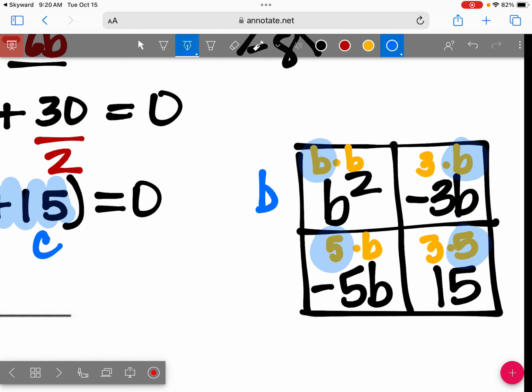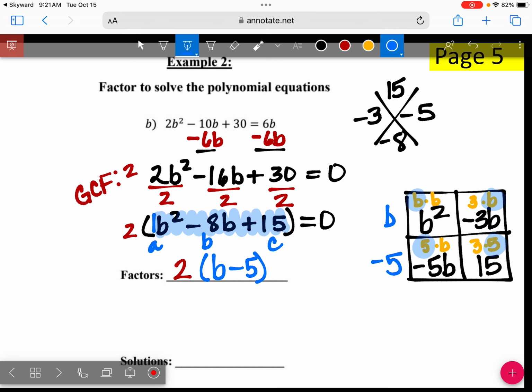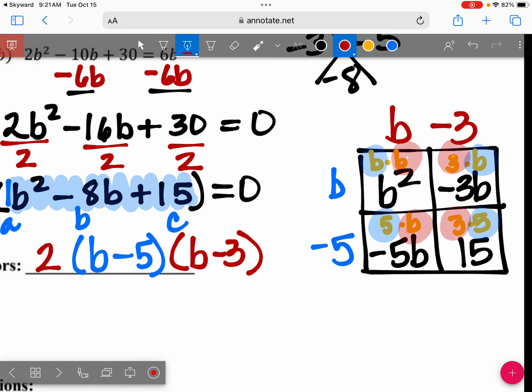But it's going to be a -5 because it's touching a -5. So B minus 5, that's my first factor. Now my second factor, sorry, because my first factor was the GCF. And then we have a B again. And we have a 3, except it has to be a -3. So those will be my factors.